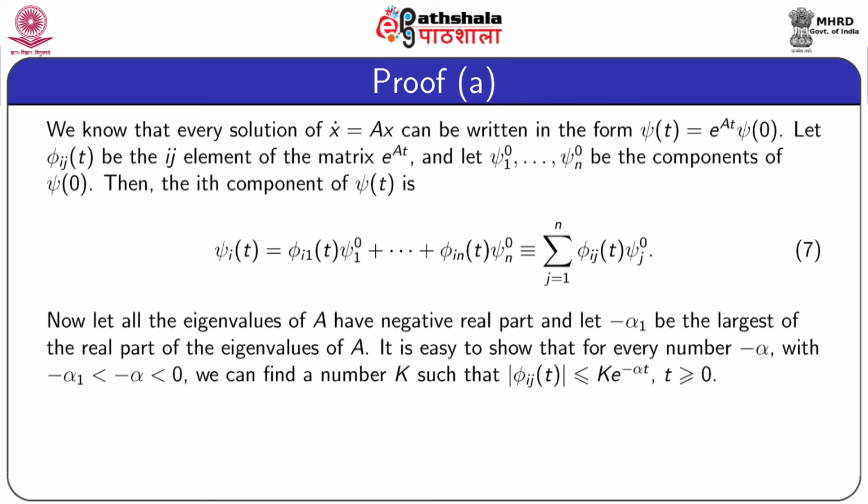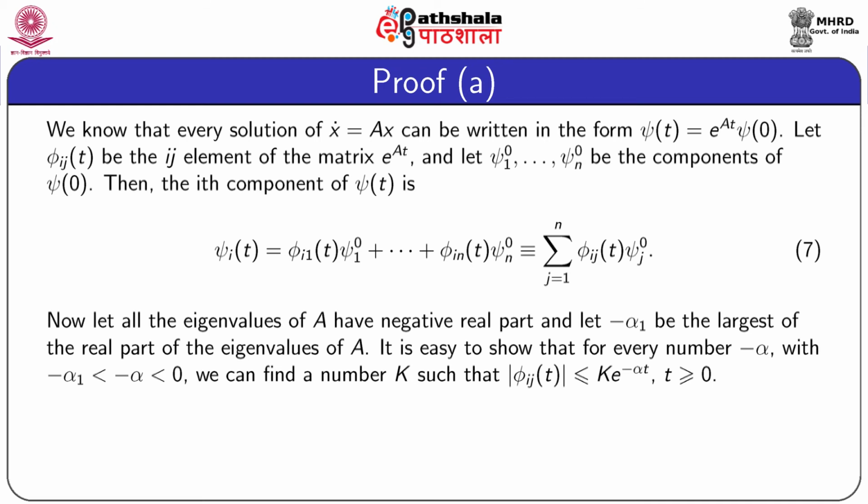Then the ith component of ψ is ψ_i(t) equal to φ_i1(t) ψ₁(0) plus ... plus φ_in(t) ψ_n(0), which is equivalent to the summation j equal to 1 to n of φ_ij(t) ψ_j(0), given by equation 7.